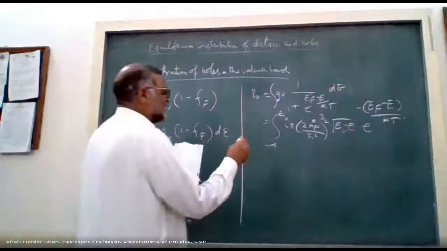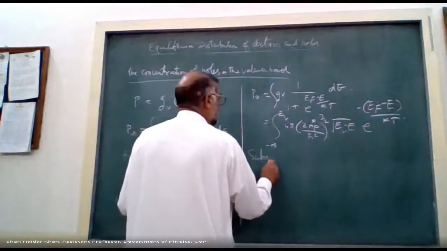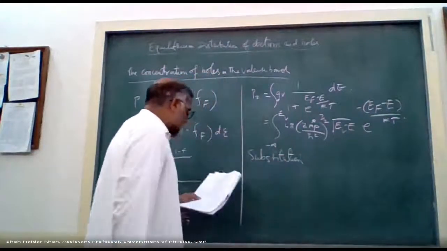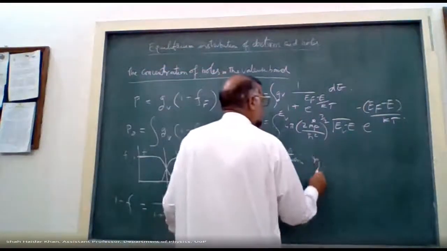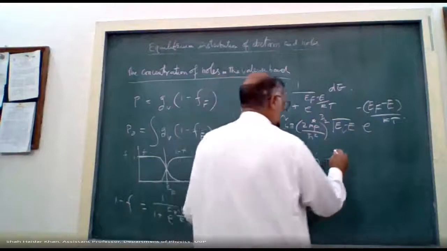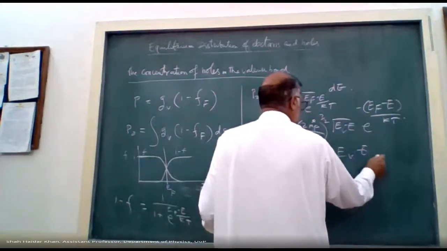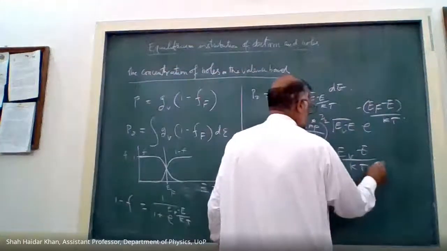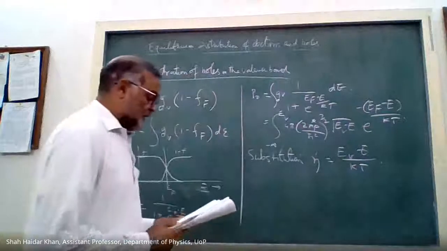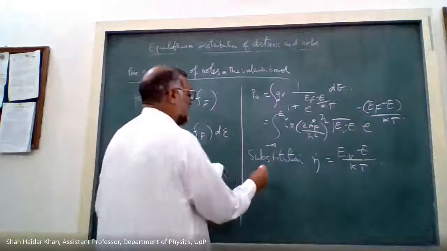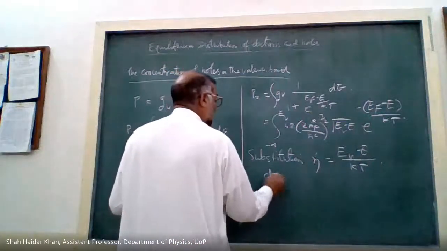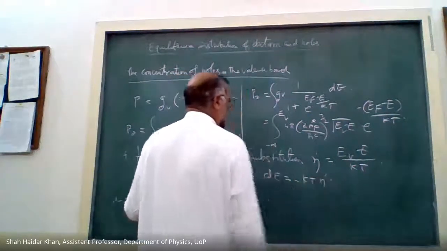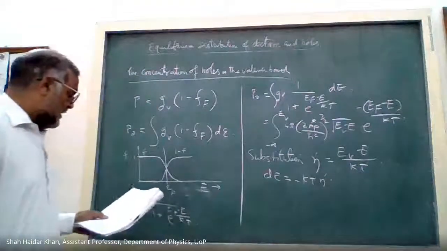Now let us do a substitution. What substitution? We want to put eta star is equal to EV minus E over KT. Let us put this substitution. dE will be equal to minus KT into d eta.